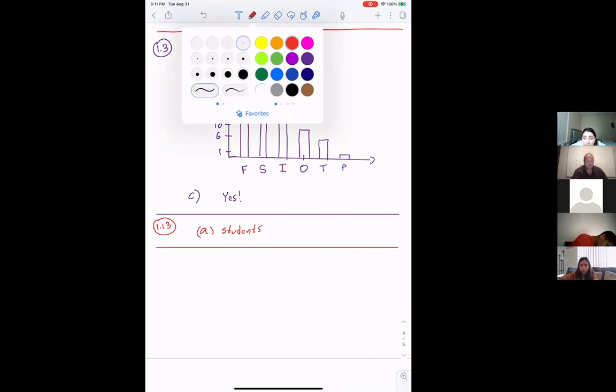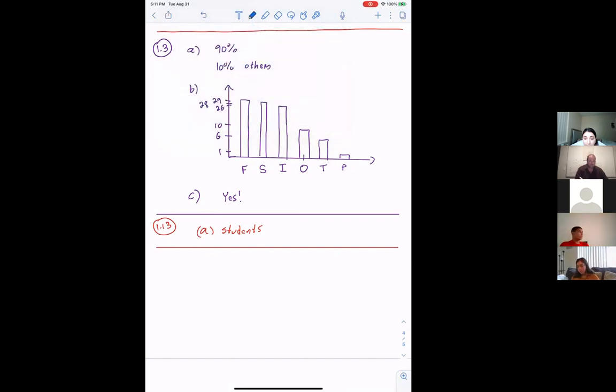Blue. Okay, so question 1.14. According to the National Household Survey on Drug Use and Health, when asked in 2017, 31% of those aged 18 to 25 years said they had used cigarettes in the past year.